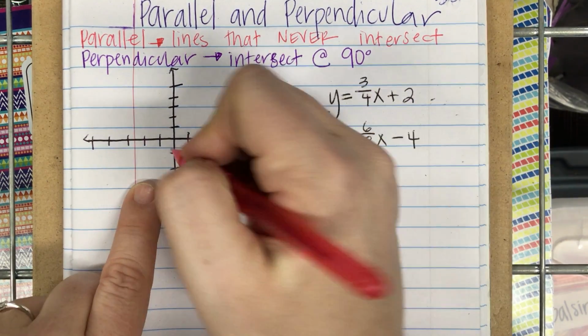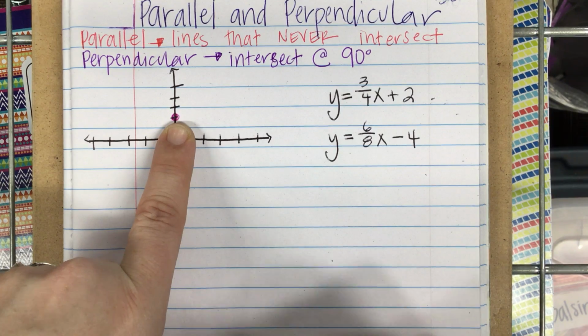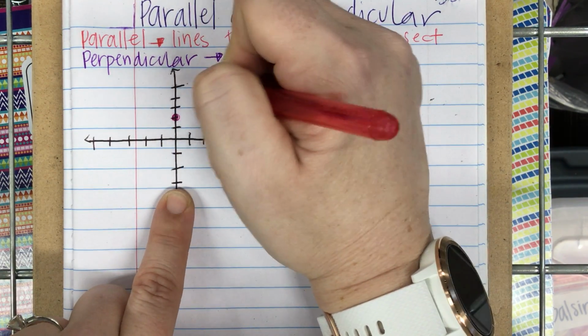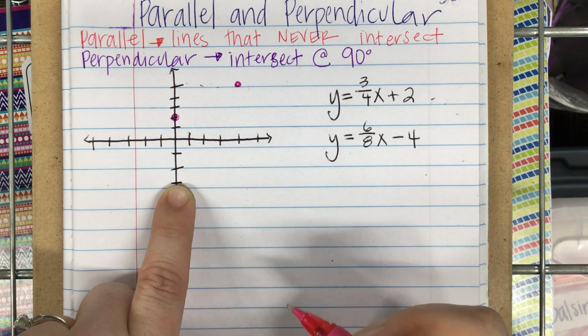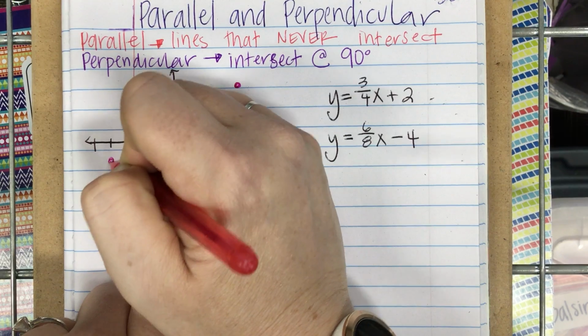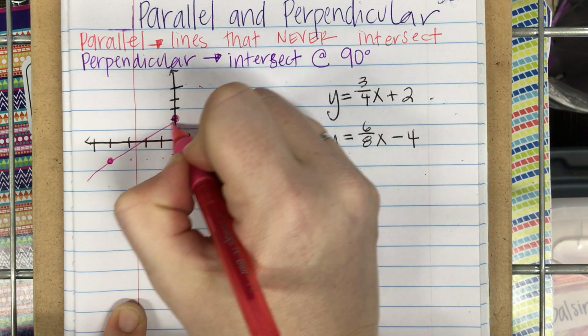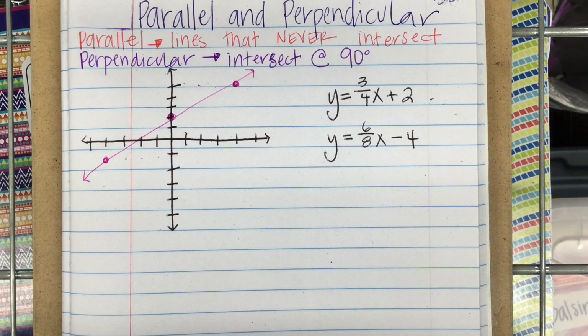My first one, I go up 2. And from that point, I'm going to go up 3 over 4. I want to do it again, but I'm going to go down 3 and backward 4. Then we're going to plot the second line.